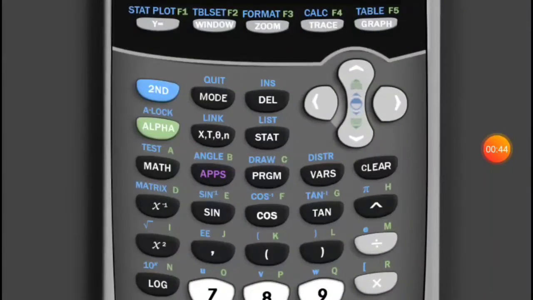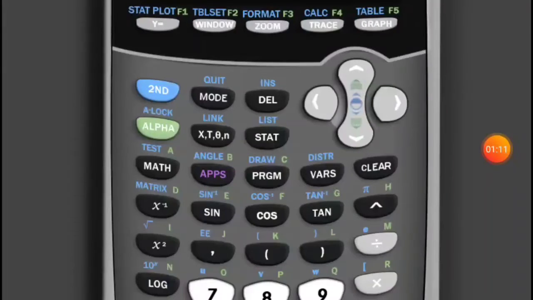When we try to graph it, we're getting nothing. So we need to change our window. Our x minimum represents our time, so we can't have negative time. We're just going to put that at 0, and then let's have a maximum of 25 years.